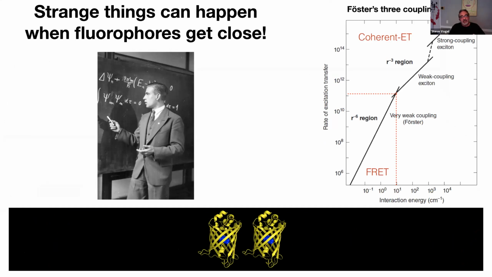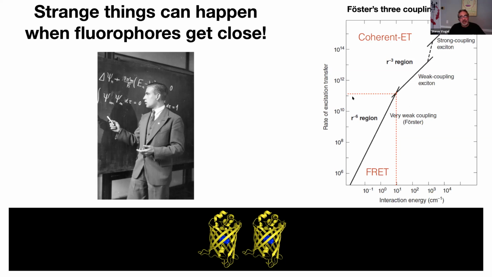This figure has been modified, but it comes from a paper from 1965 of Förster's, where he's talking about different coupling regimes. And this is actually the only part of this talk that I'll even talk in any way about quantum biology. But the main point is that when fluorophores get close together, they can be strongly coupled. And the degree of that coupling determines what kind of strange things are seen.